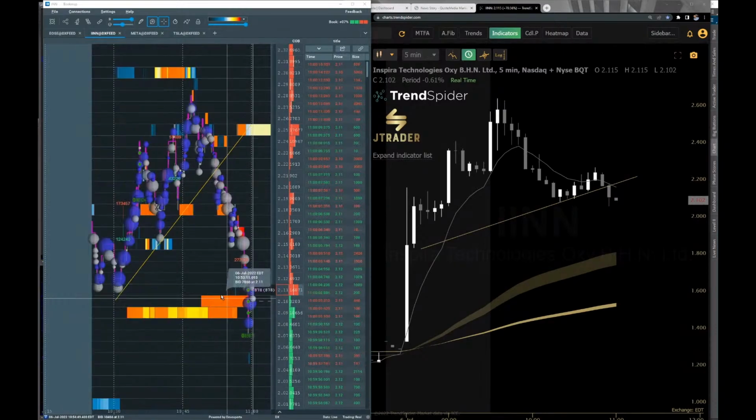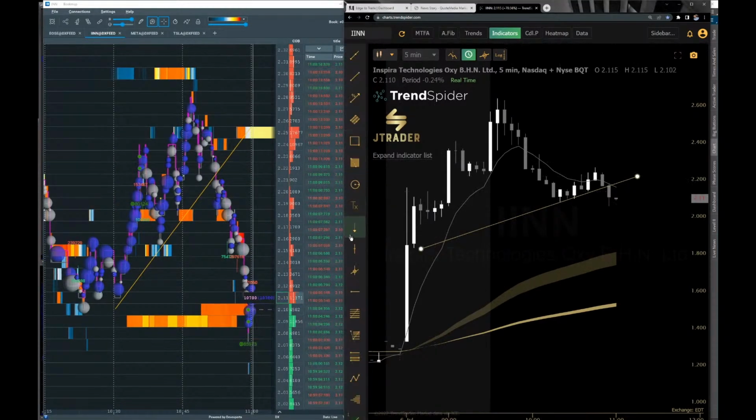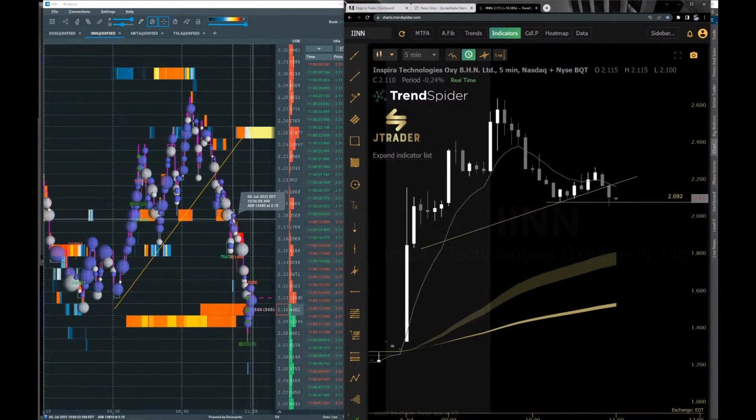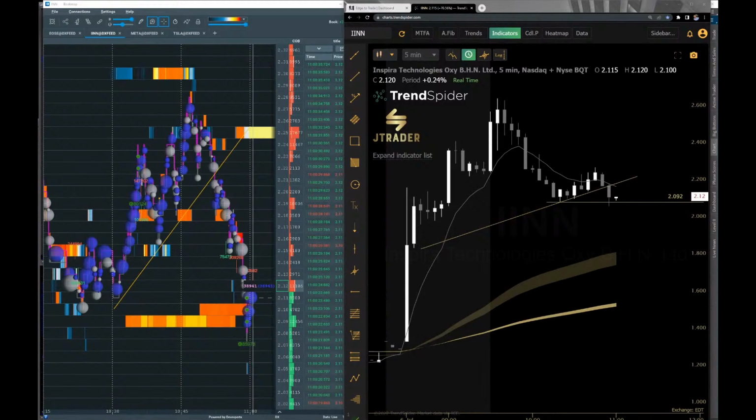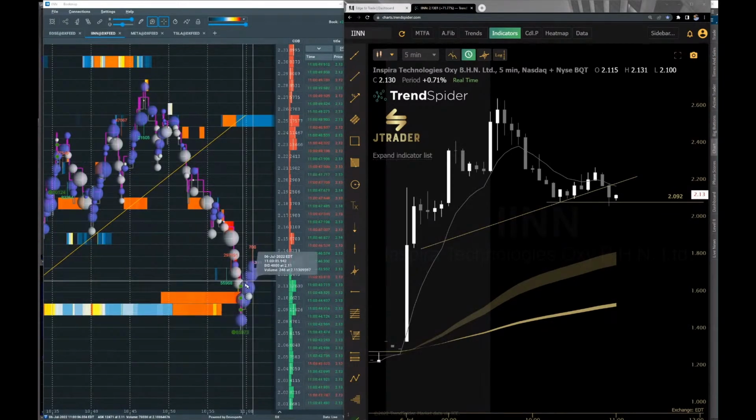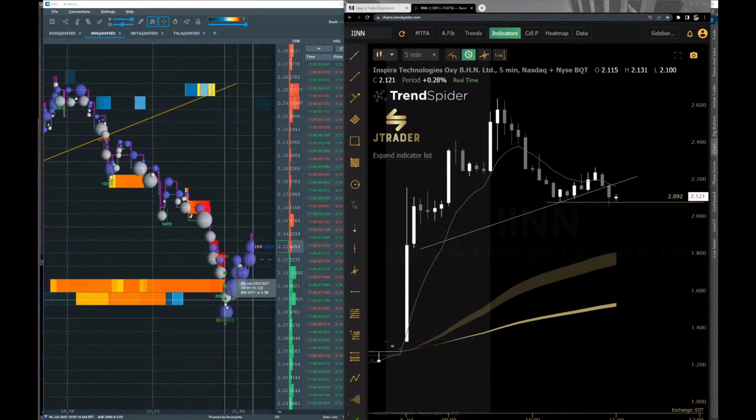Try to hold that support at 210, which was the previous support. Now they're trying to bounce. So you can see over here after the sweep to this 207, they're trying to make it bounce.